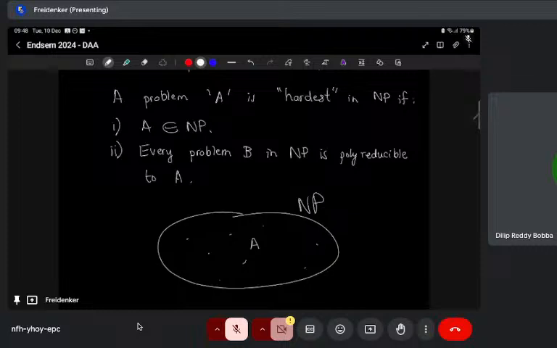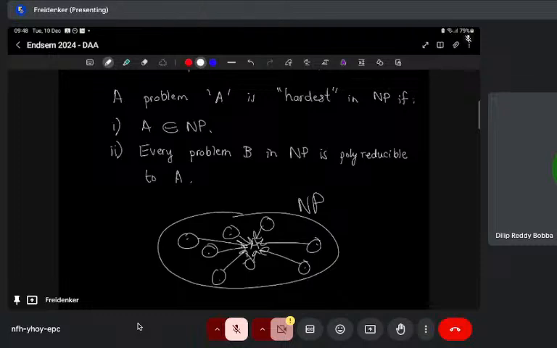So A is going to be hardest if I'm able to reduce every other problem in NP to A. That would make A the hardest problem. Why? Because if I solve A now, I would have solved every other problem in NP. That is why A is called the hardest problem.